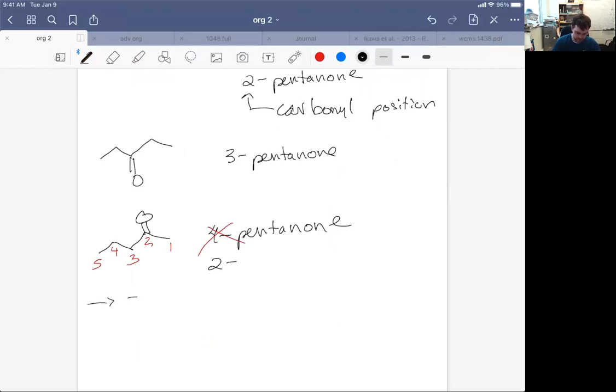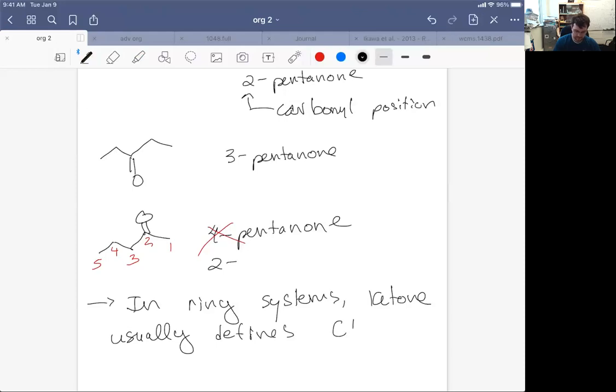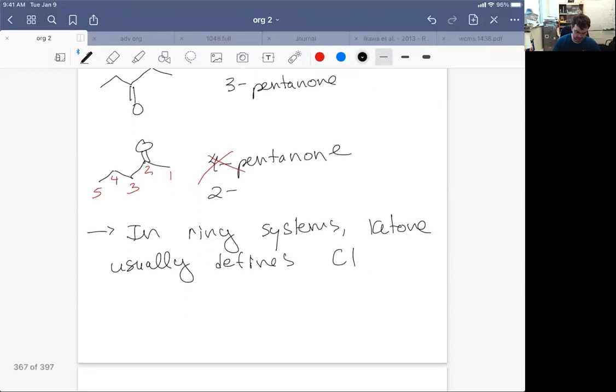In ring systems, the ketone usually defines C1. Okay. So if the ketone usually defines C1, that's helpful, because if we have something like this, and we're not sure where to put C1, well, let's start at the ketone.